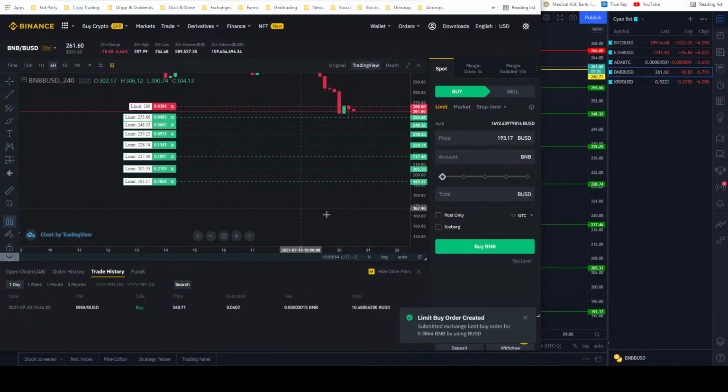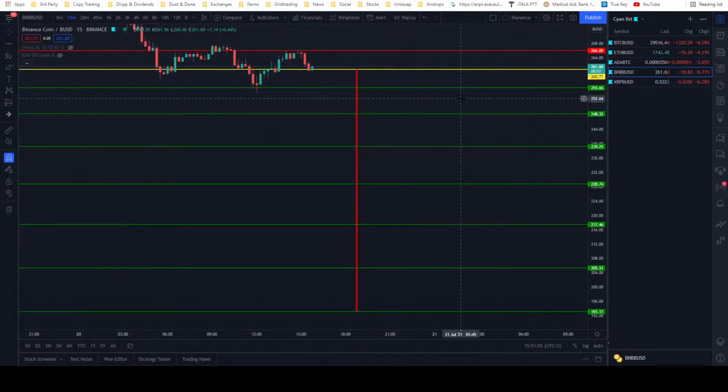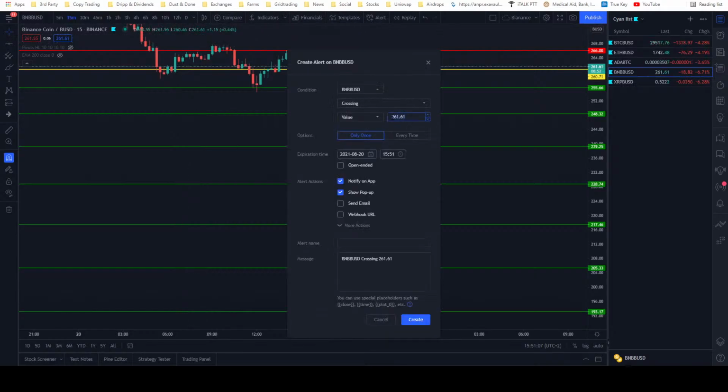There we go. As you can see, my Binance coin is set up and ready to go. All we need to do now is add 2 alerts as well. If the market goes up and hits my sell order, I need to be alerted because I need to restructure it.